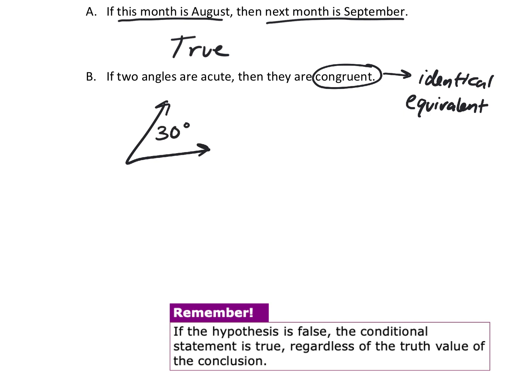Well, sure. We can use a 30-degree angle and we could use a 31-degree angle. This would make our statement false because we had two acute angles, but they were not congruent. Because our hypothesis didn't lead to the same conclusion, we can say that the whole statement would be false.